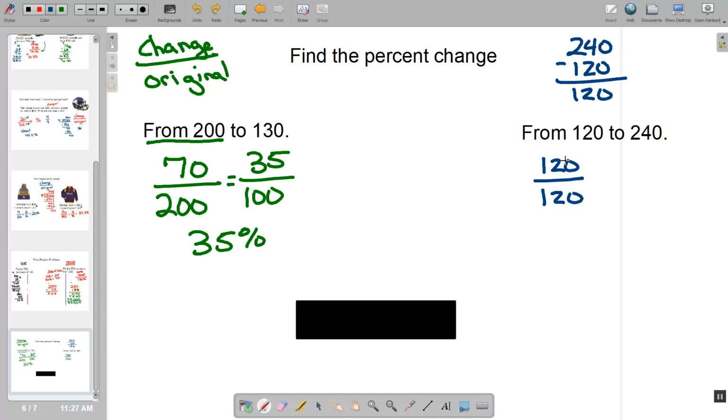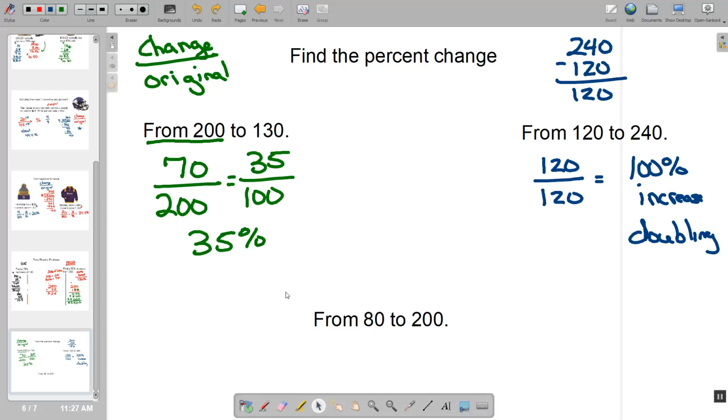And 120 is all of 120, so that means we have 100% increase for this problem. Well, if you notice, from here to here is just doubling, so a 100% increase is just doubling. A 200% increase would be tripling, a 300% increase would be quadrupling, and so on and so forth forever.